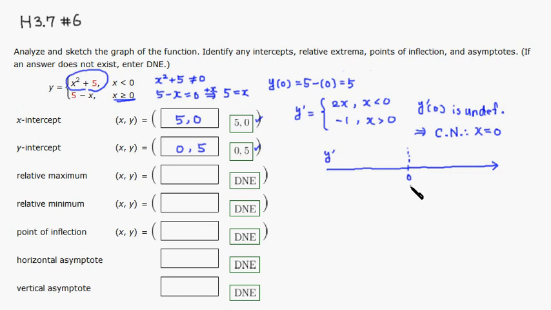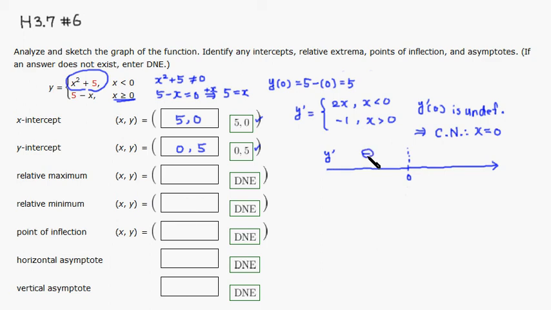Let's look at the derivative when x is less than 0. We can try negative 1. If x is negative 1, it definitely belongs to the top one. So putting negative 1 in, it's negative 2, so the derivative is negative there.